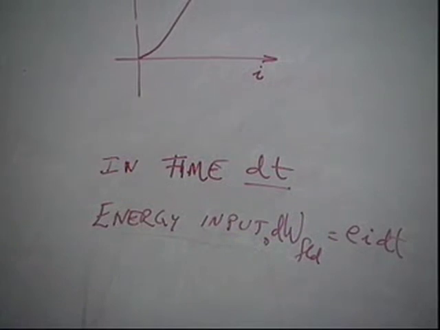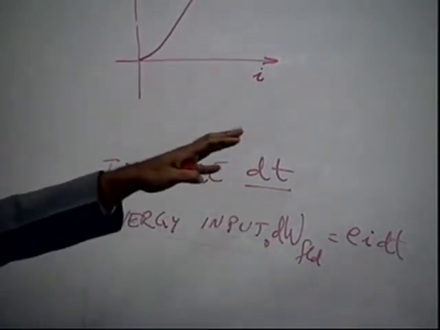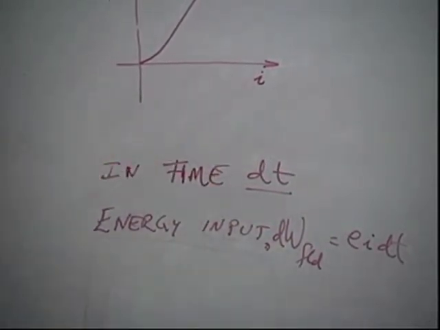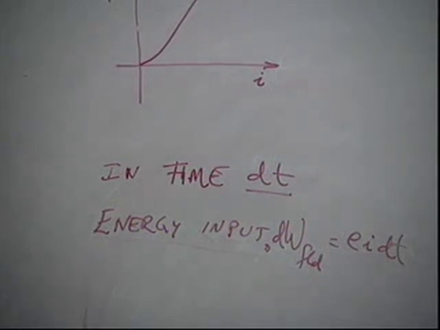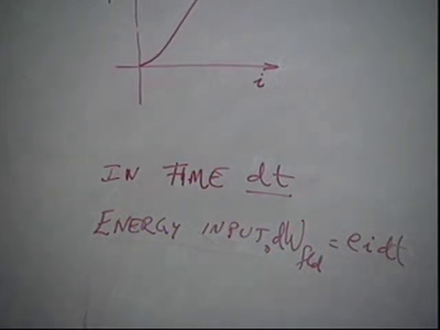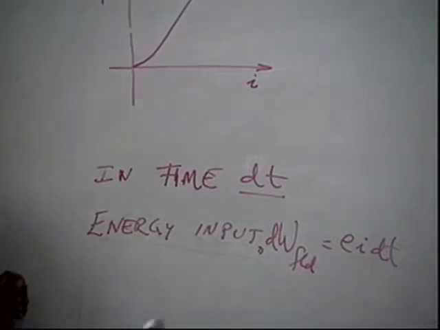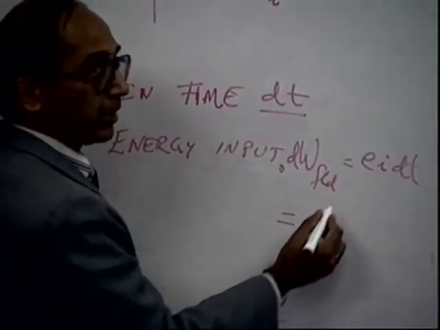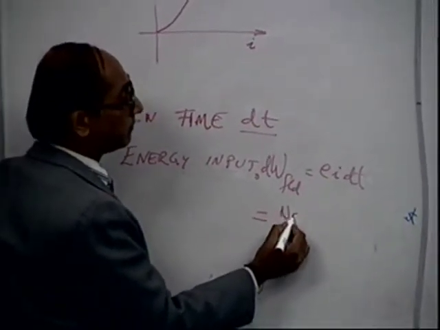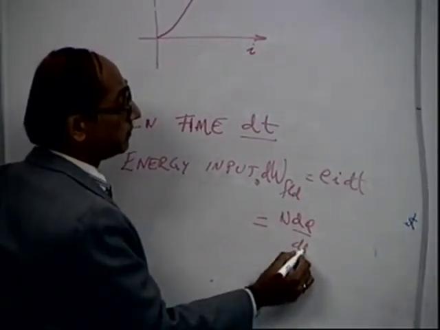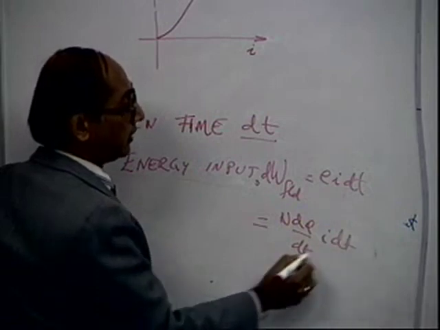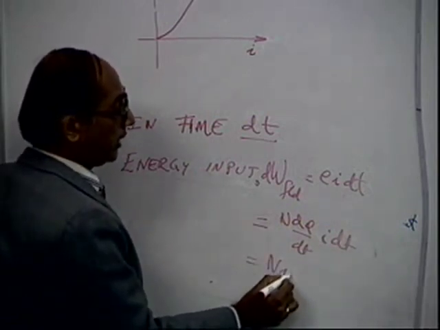So this is energy going into the magnetic field from the source. The source is giving some energy into the magnetic field given by EI dt, and this is nothing but E is N d phi by dt, into I dt. So it will be N I into d phi.